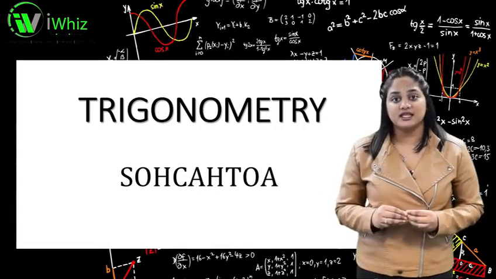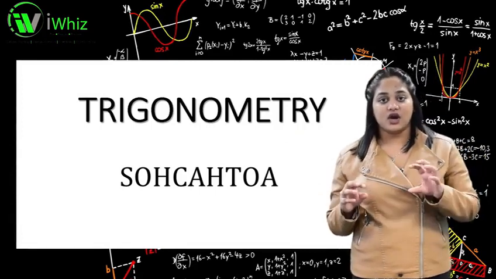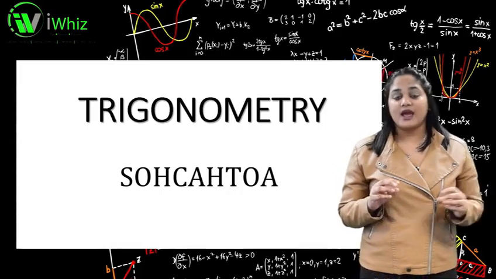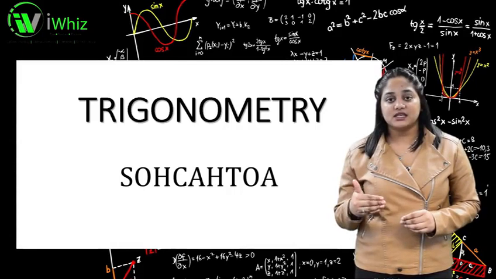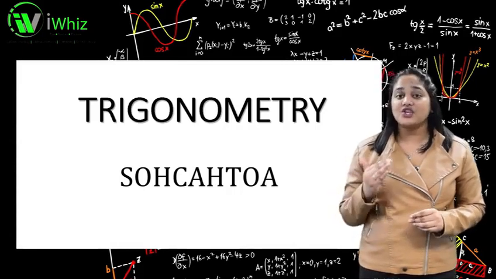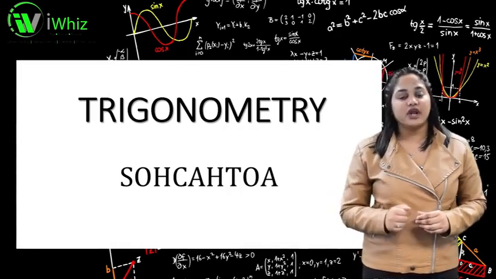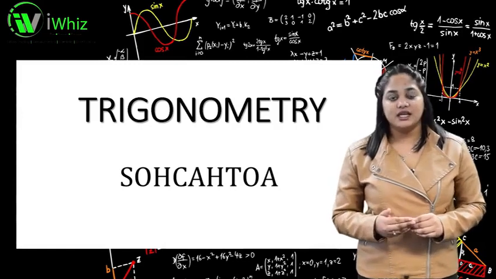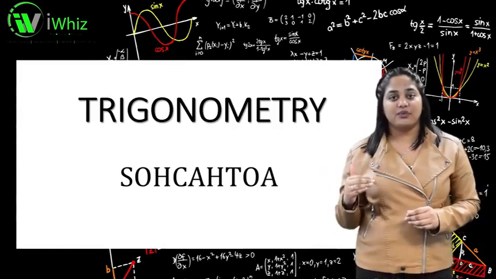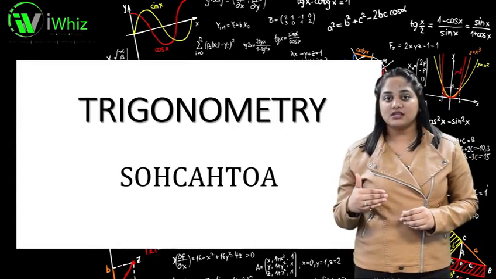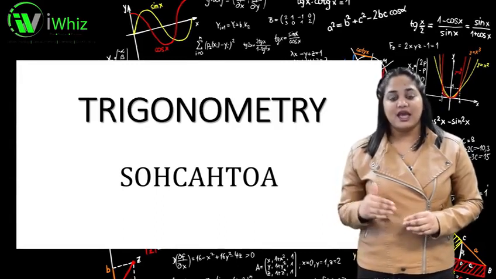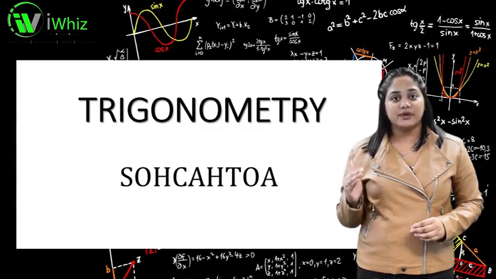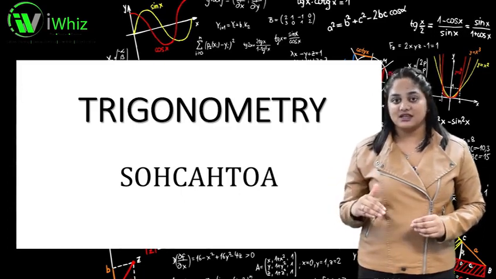What that represents is sine, cos, and tan, and the SOHCAHTOA part indicates your opposites, your adjacents, and your hypotenuse. For example, sine is your opposite over hypotenuse, cos is your adjacent over hypotenuse, and tan is your opposite over adjacent.